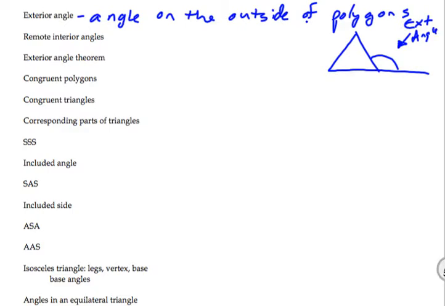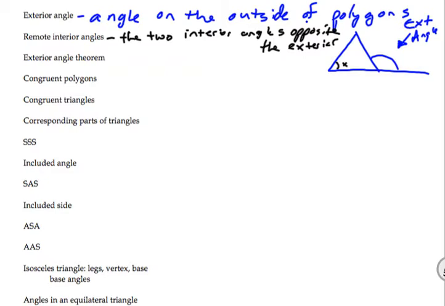Now, what you need to know about that is remote interior angles: the two interior angles opposite the exterior. So that would be here, X and Y. They're telling you that X and Y are opposite the exterior angle.